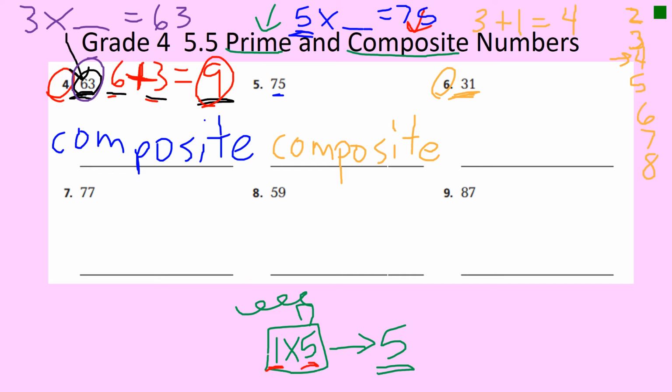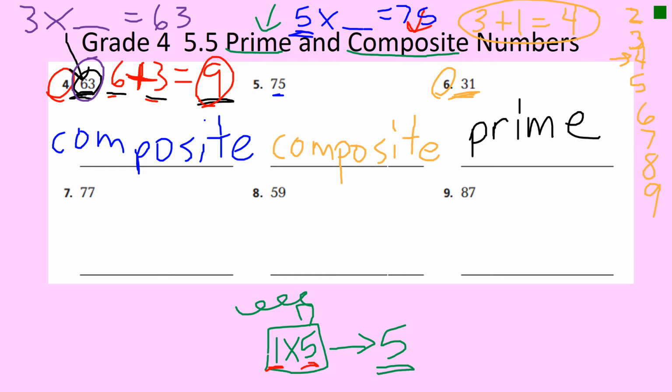Nope. And then we know it's not divisible by 9 because we know the divisibility rule for 9. If you add the digits and the number is divisible by 9, so no. So guess what 31 is, friends? It is a prime number.